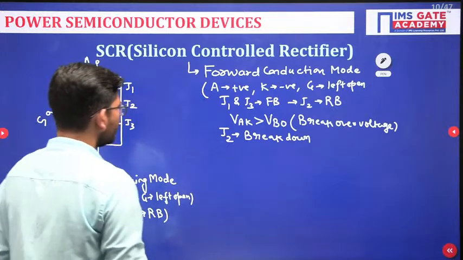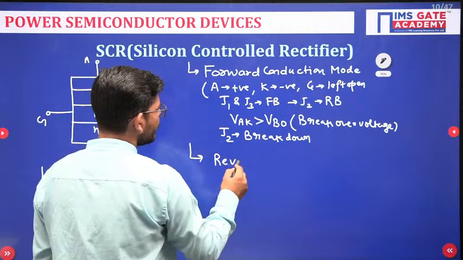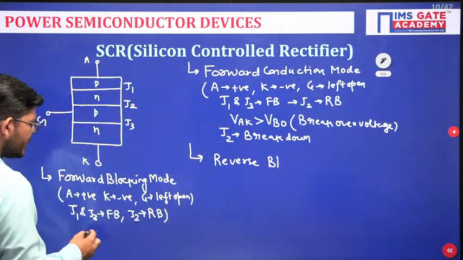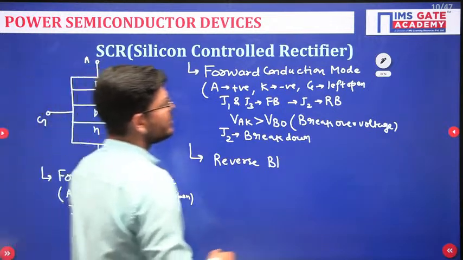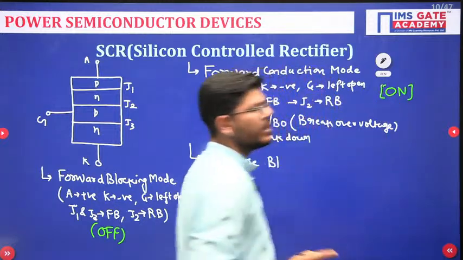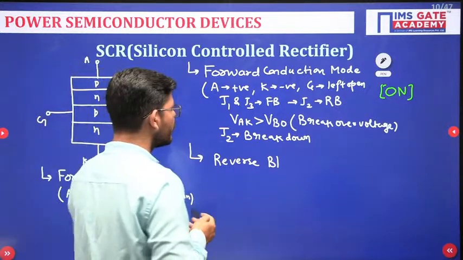So this is the problem. We can turn it on this way, but this is not at all preferable. This is a false operation because no gate signal is applied, so you get no control.